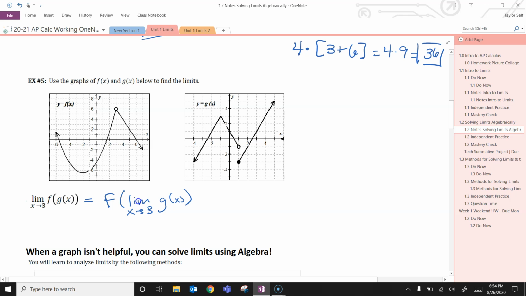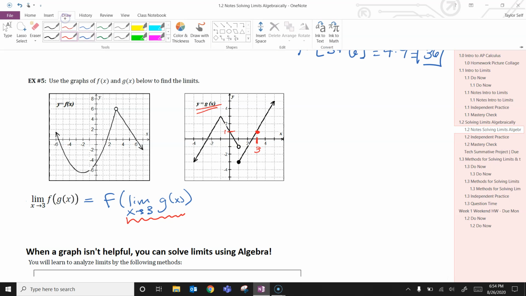Okay, so now we do normal order of operations, do the inside of the parentheses first. So let's take this limit, x approaches 3 of g of x. Here's my g of x function, x equals 3 here. And limit is the y value. If you put yourself on the line on the left and the right, the y value at x equals 3 is 1. So this is 1, this red part.